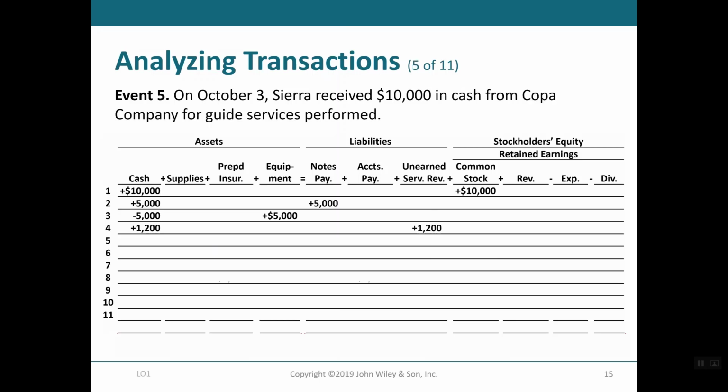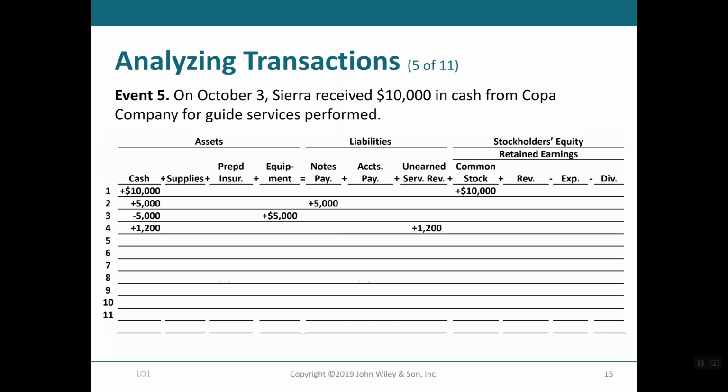Then number 5, on October 3, Sierra received 10,000 in cash from Copa Company for guide services performed. All right, for guide services that have already been performed. So how does this work? They are receiving 10,000. That shows us that cash, the asset, increases.